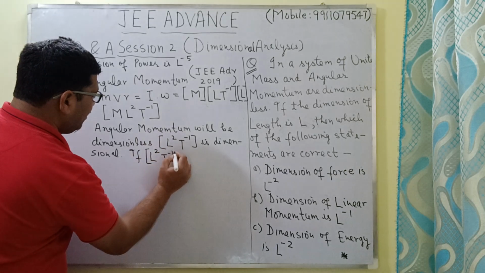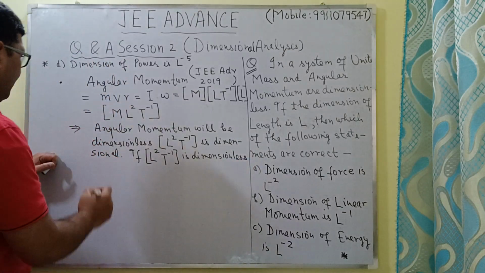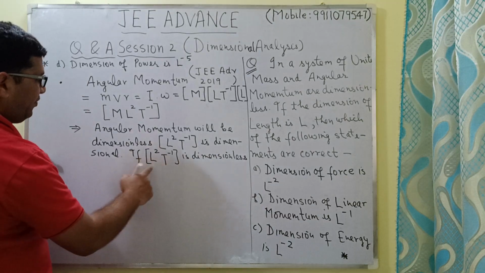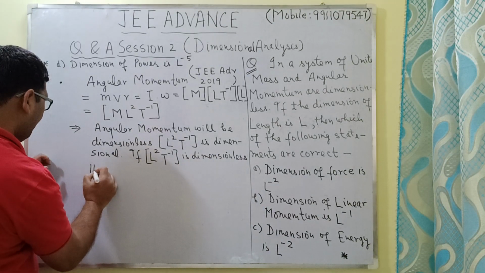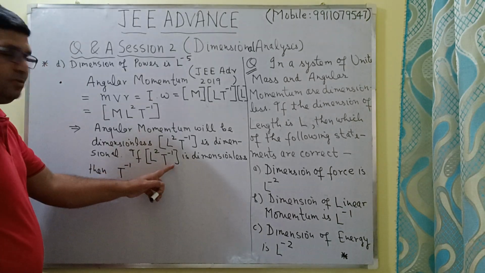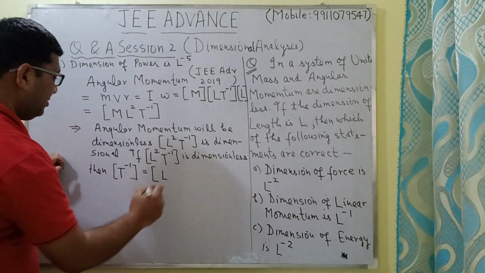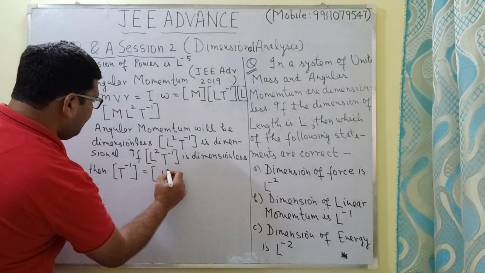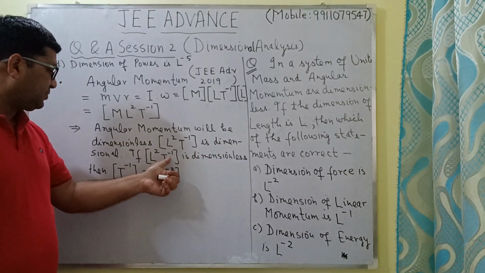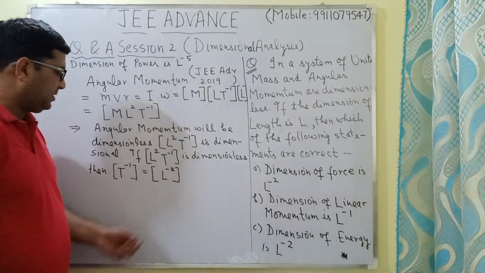Now if L2 T minus 1 is dimensionless, then the dimension of T to the power minus 1 should be equal to L to the power minus 2, because if T to the power minus 1 is equal to L to the power minus 2, then the dimension of this will be L to the power 2 into L to the power minus 2, and this will become dimensionless.